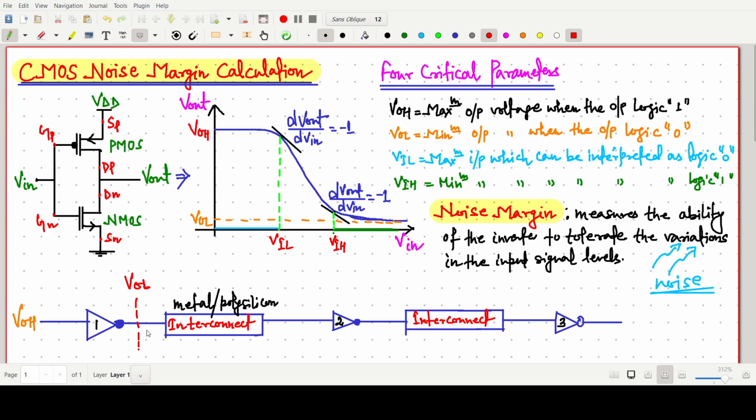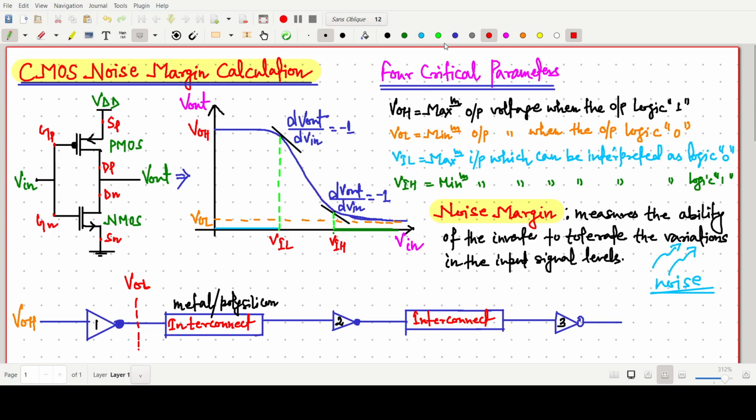This interconnect has a metal or polysilicon structure, or sometimes it is a cheap interconnect.